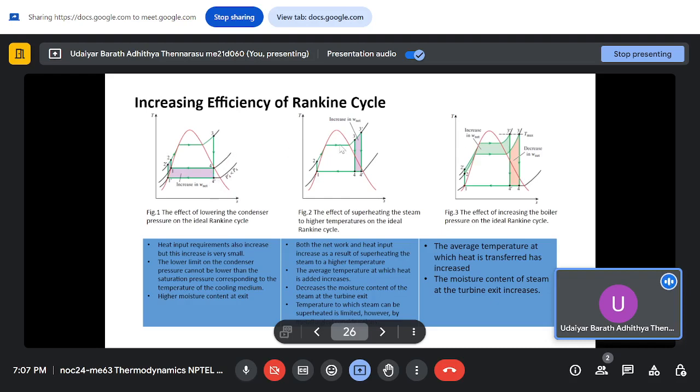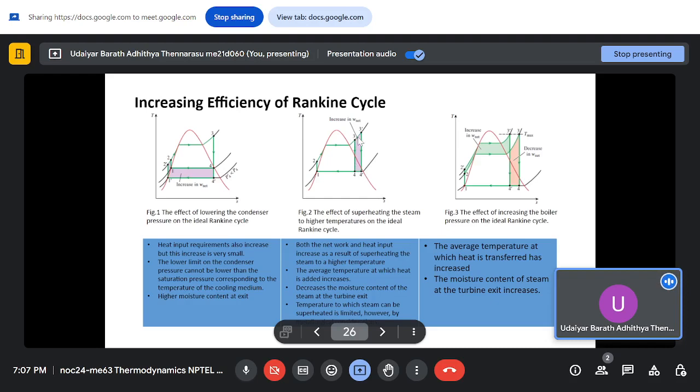The other way of doing this is to superheat. So what you do is, after the heat addition, you add more heat such that you are going from 3 to 3 dash, and then you are expanding. So 3-4 was the initial, so now you are superheating from 3 to 3 dash and expanding to 4 dash.